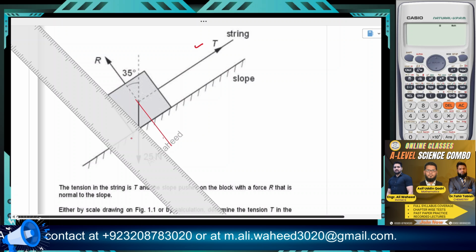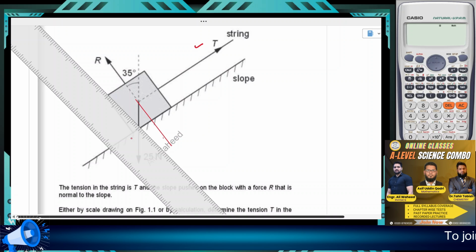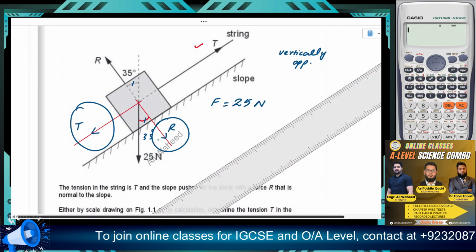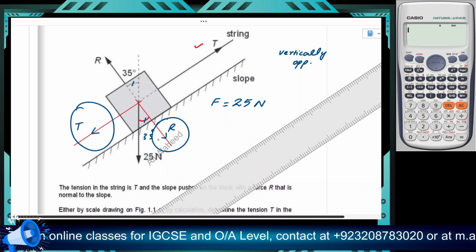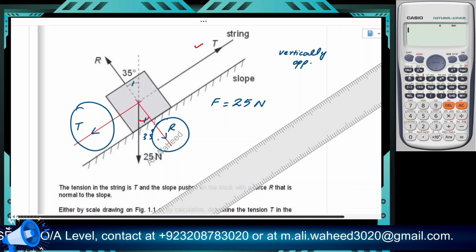The main vector that we have, let's call it the vector F. Basically, it's the weight of the block. This is 25 Newton. This is the main vector. And these two red arrows, just check their orientation. These two are perpendicular components of the vector 25 Newton.